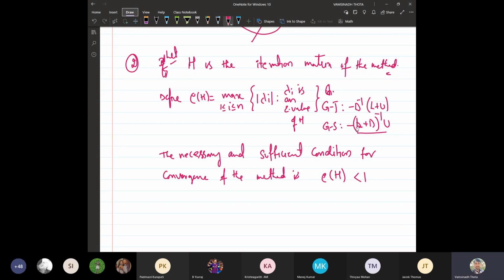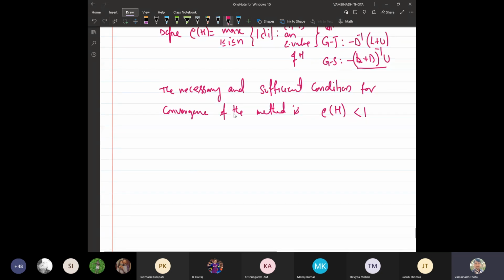Diverge in the sense that the sequence of kth approximate solutions does not converge to the solution of the system of linear equations. So this is about the necessary and sufficient condition. Not only that, the spectral radius also gives the rate of convergence of the method.